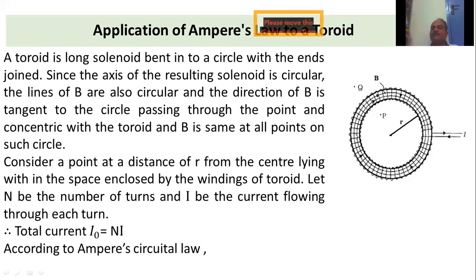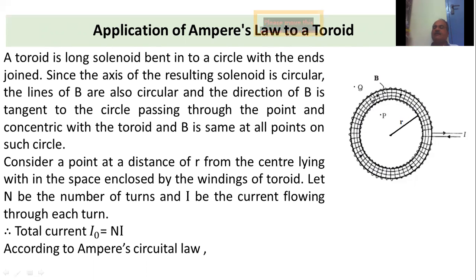So the axis of this solenoid is a circle like this. When the solenoid is bent into a circle, then the axis of the solenoid becomes a circle. Therefore, the magnetic field on this circle is again given by a tangent drawn to it.